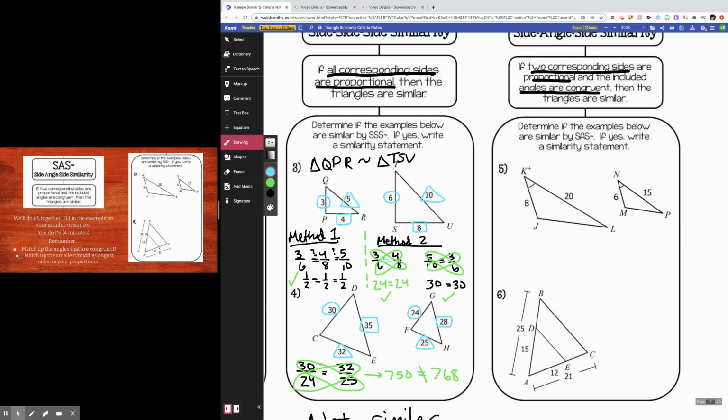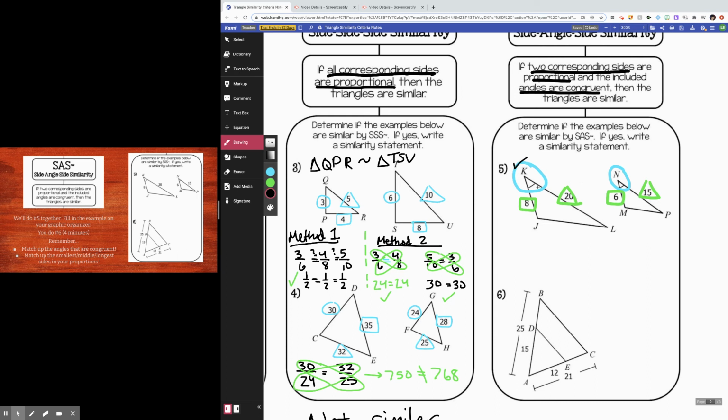So say here in number 5, I have angle K and angle N. Those are congruent. Okay, so I have my angle, and then I have to, similar to what I did here with SSS, I still have to match my smaller sides together and then my larger sides together and write proportions with those. Okay, so I have my angle, right?